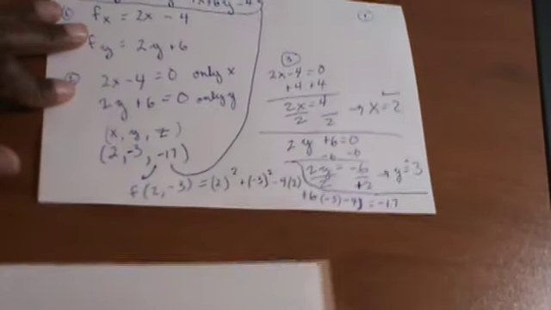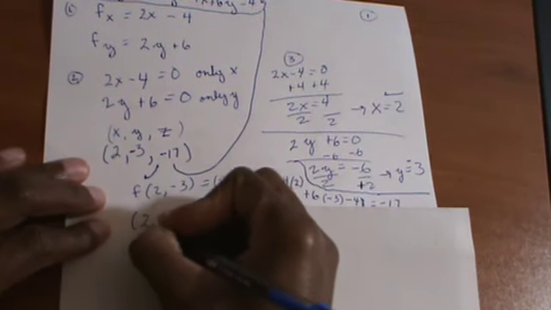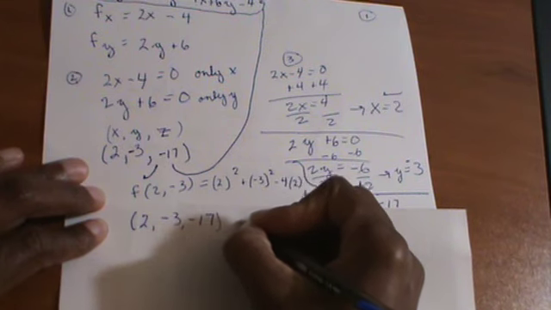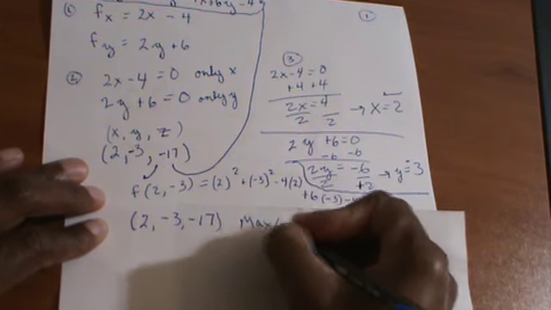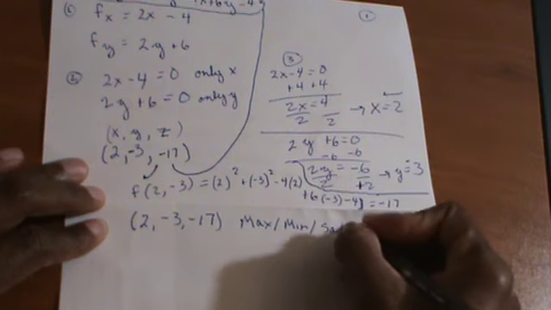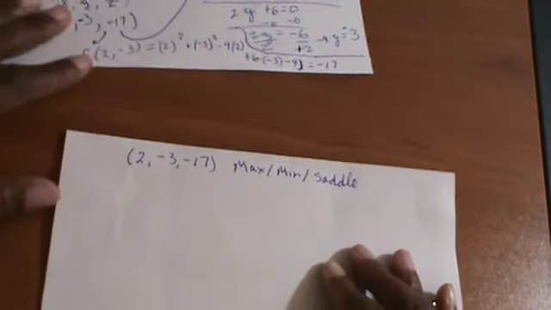So let me write that down. I already have it written there, I'm just going to be redundant. So 2, negative 3, negative 17. This is a critical point. This is either a max, a min, or what's called a saddle point. Please see the video for the max, min, and the saddle point. We'll lay out what those are.